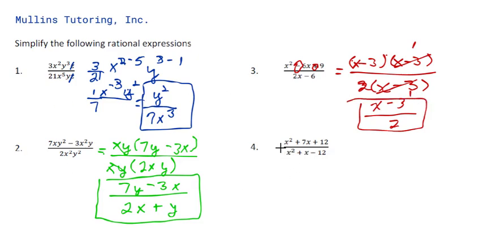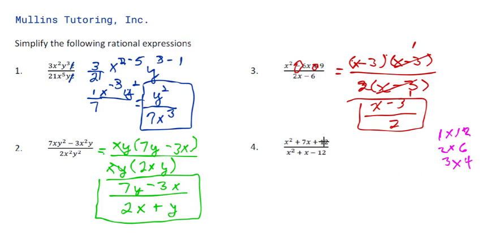Our last one, we have x squared plus 7x plus 12 over x squared minus x minus 12. So here I have a positive and a positive, and the factors for 12 are 1 times 12, 2 times 6, and 3 times 4.